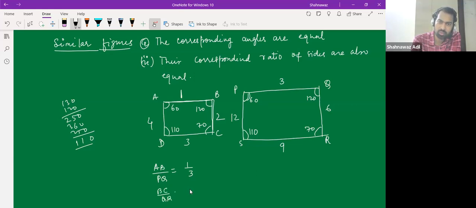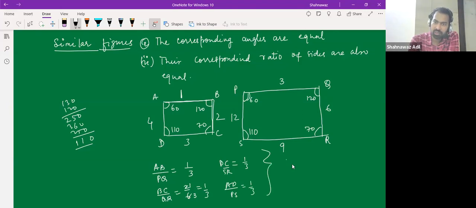This is 2 by 6, which is 1 by 3. Similarly, DC by SR is again 1 by 3, and AD by SP is again 1 by 3. So we can say that AB by PQ equals BC by QR equals DC by SR, and it is equal to AD by SP.